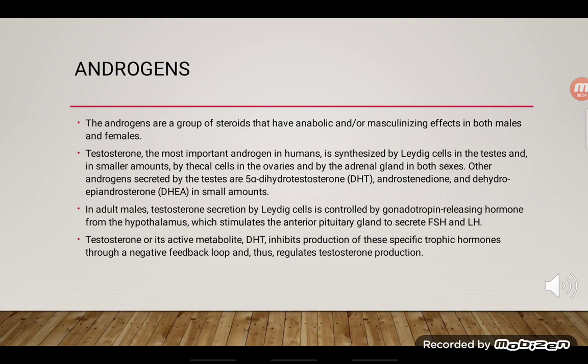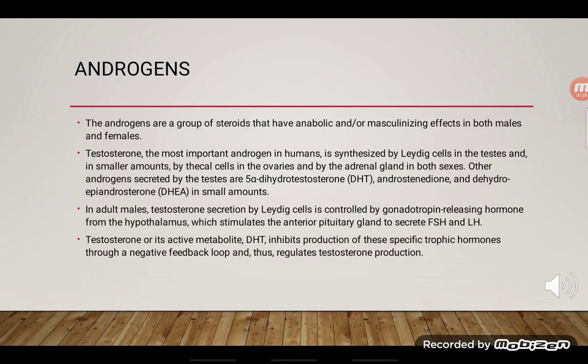You all know the androgens, and you have all heard of the androgens, testosterone being the most important one in humans. You will see that its secretion takes place in the testes by Leydig cells, and the secretion of testosterone is regulated by gonadotropin releasing hormone from the hypothalamus, which stimulates the pituitary to secrete LH and FSH.